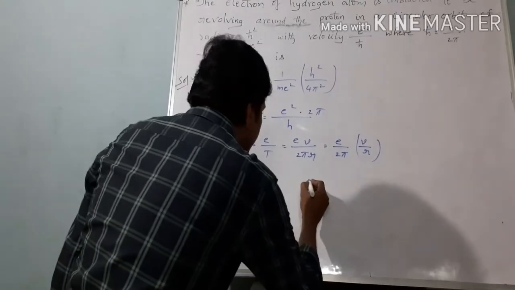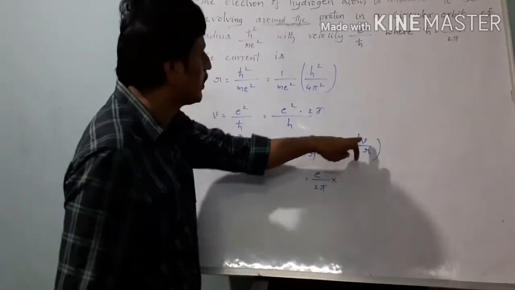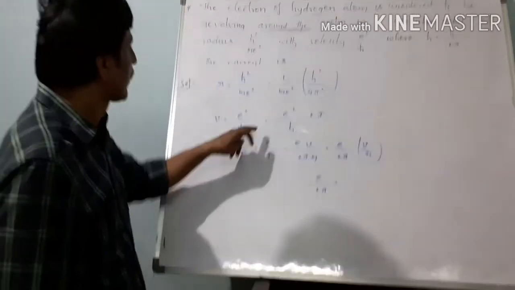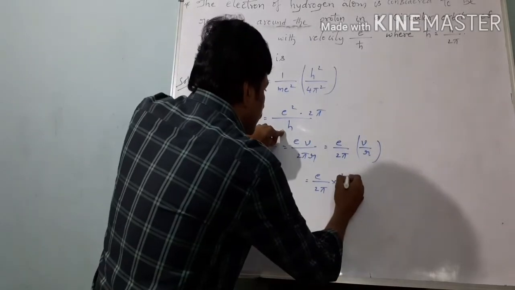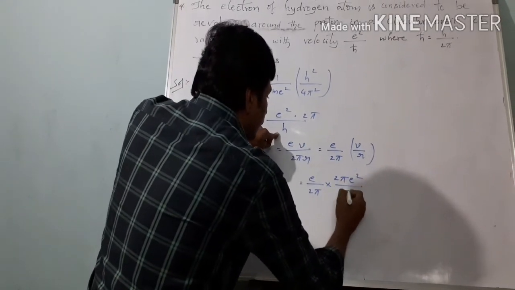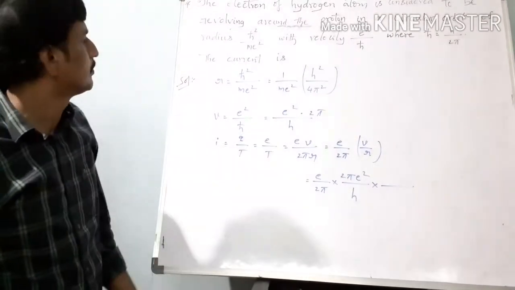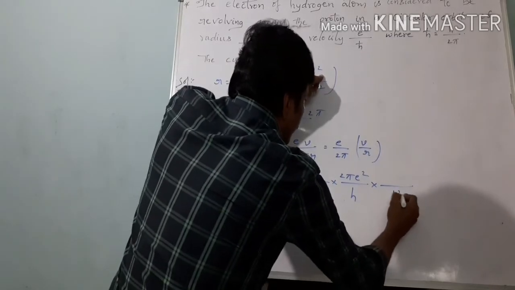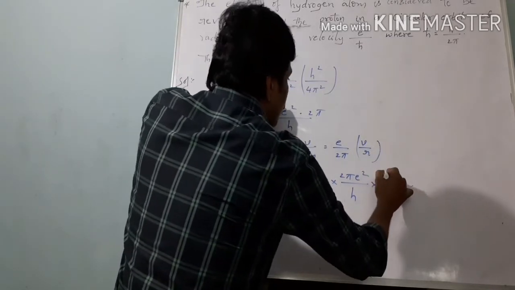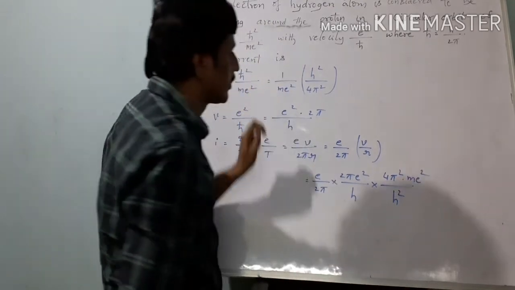So it can be written as e by 2 pi. What is the value of v? 2 pi e square by h. What is the value of r? h square by 4 pi square m e square.